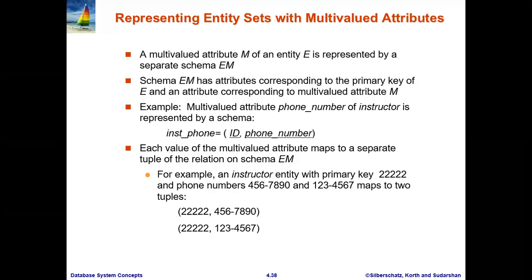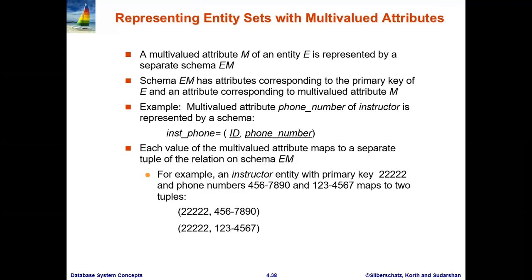For example, an instructor entity with primary key 22222 and phone numbers 4567890 as a single number and another number 1234567. These are mapped to separate tuples as below.